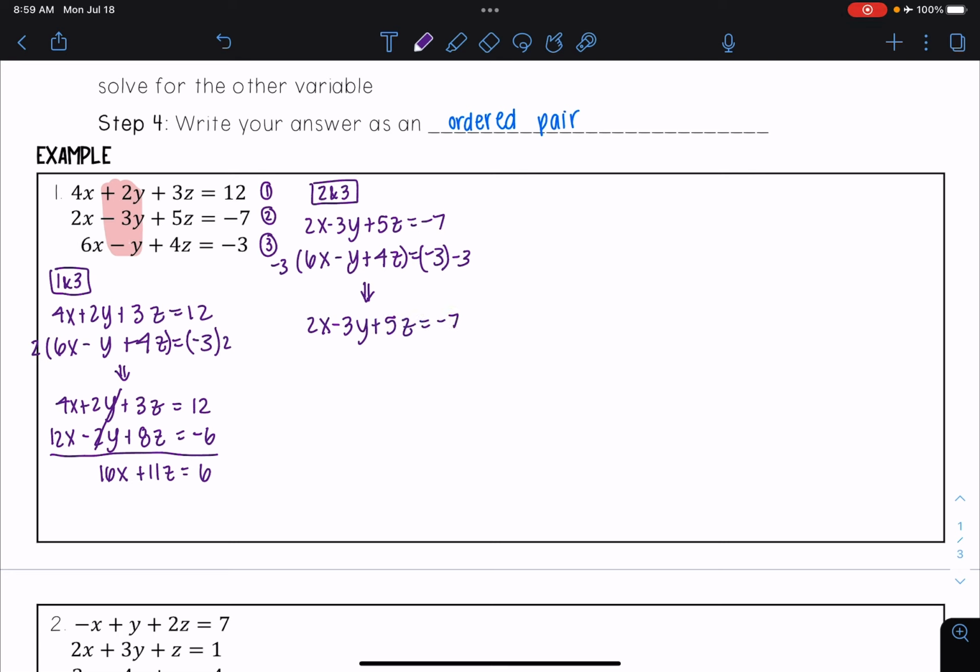When I multiply by negative 3, I get negative 18x plus 3y minus 12z equal to 9. When I add these equations together, my y's cancel because negative 3y plus 3y is 0. 2x minus 18x, I get negative 16x. 5z minus 12z, I get negative 7z, equal to 2.